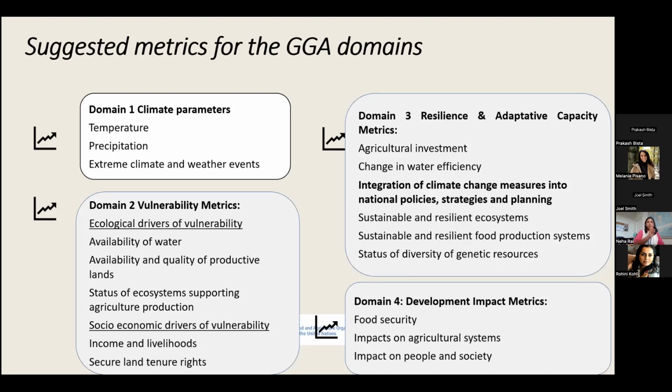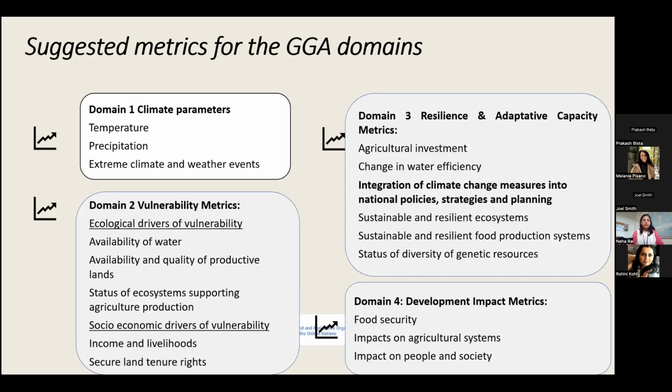Just to give you an example of one of those, rationale for the choice of this metric is based on the theoretical evidence that adaptation solutions show success if they help in reducing vulnerability to climate change.